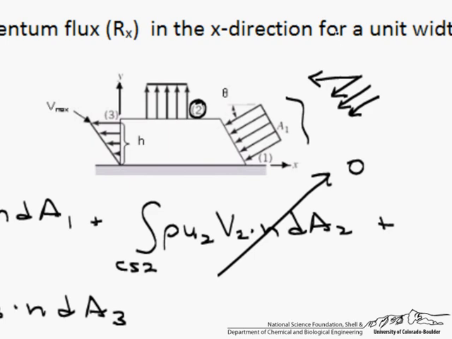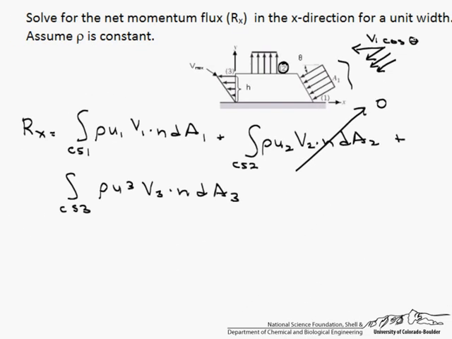So that's just going to be v1 cosine of theta. If you take a look at the direction of it, it's negative in terms of our x-axis. So our u1 is going to be minus v1 cosine of theta.